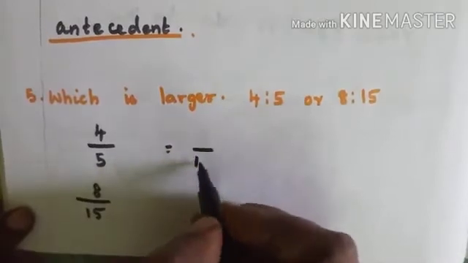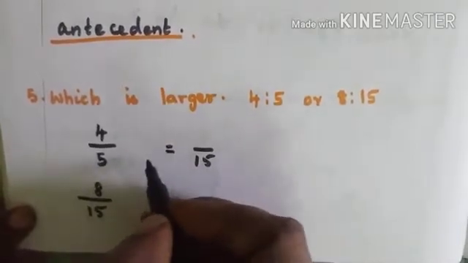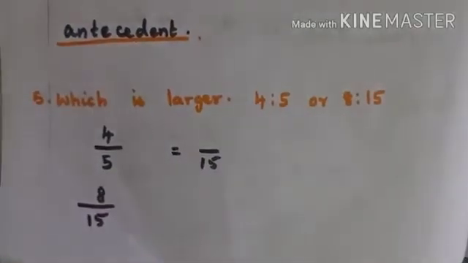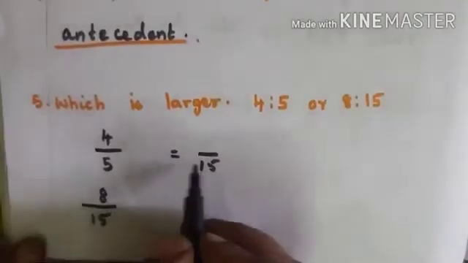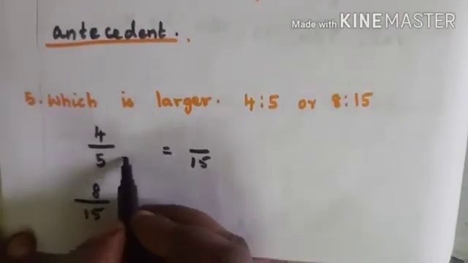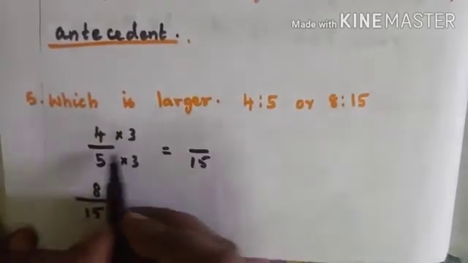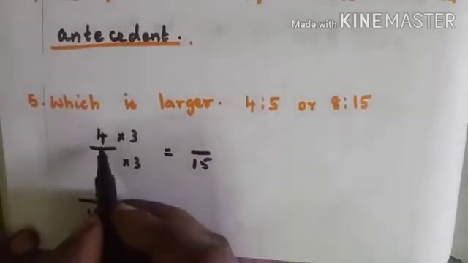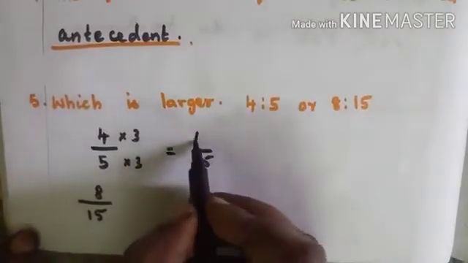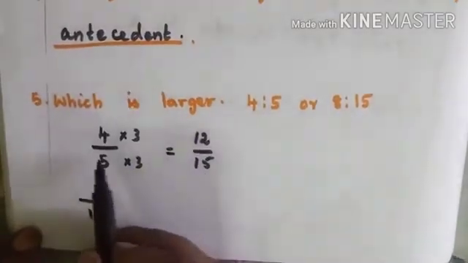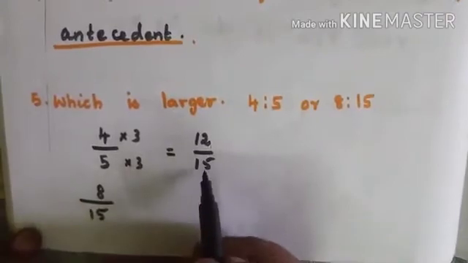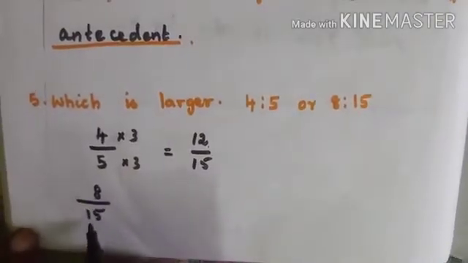Here I need 15. Which number can we multiply? Yes, we can multiply it with 3. Therefore, we will be getting 15, isn't it? 5 3s are 15. Here also we have to multiply with the same number. 4 3s are what? 12, isn't it? Now this becomes 12 by 15 and here 8 by 15.